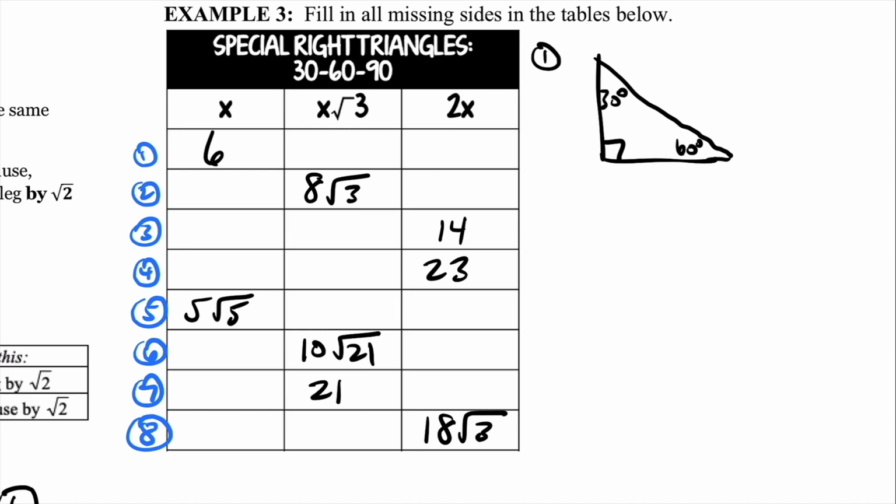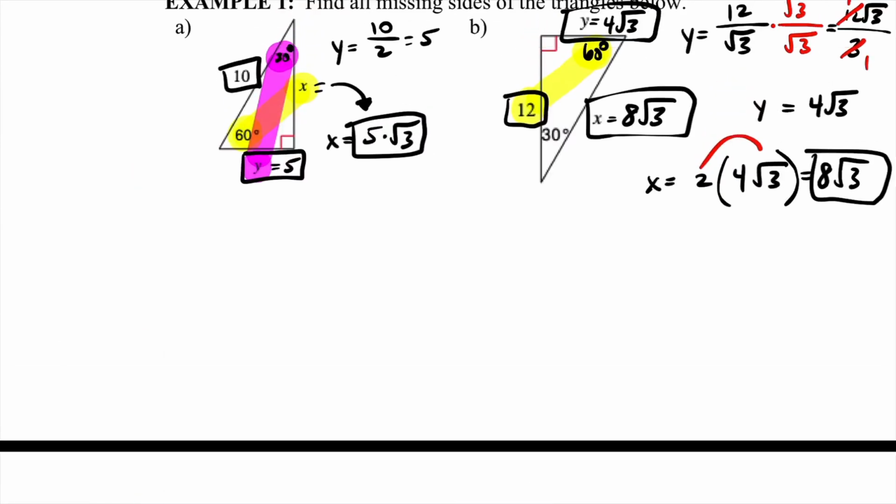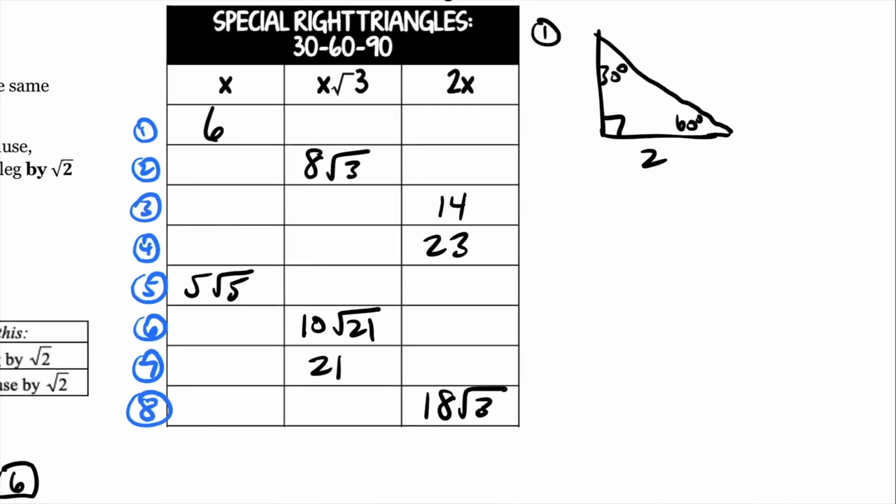Now, we said the first column is what? Short leg, long leg, hypotenuse. Short leg. So the short leg goes here, opposite of 30, right? So I'm missing this guy and I'm missing this guy. Oh yeah, 6, sorry.